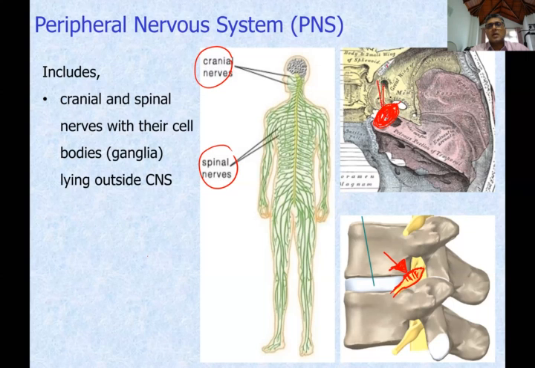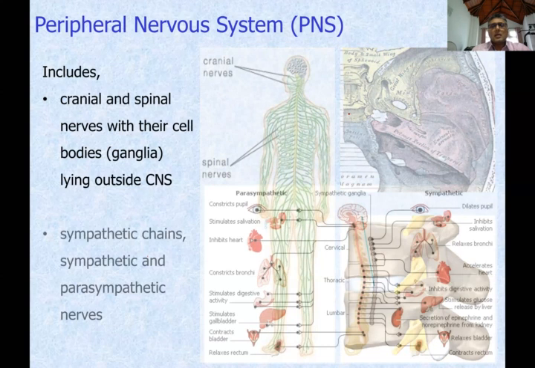The trigeminal nerve has several branches, ophthalmic, maxillary, and mandibular divisions. So when they bring sensory nerves, their cell bodies would be in the trigeminal ganglion. The vagus nerve, facial nerve, all these sensory nerves will have cranial nerve ganglia. They are ganglia containing sensory cell bodies outside the central nervous system. So they are part of the peripheral nervous system.